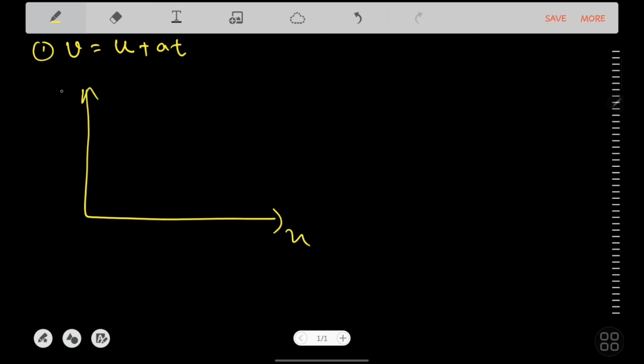X and Y. You know that the horizontal axis is always X and the vertical is Y. On the horizontal axis we always show the time, and on the vertical axis we will show the velocity.